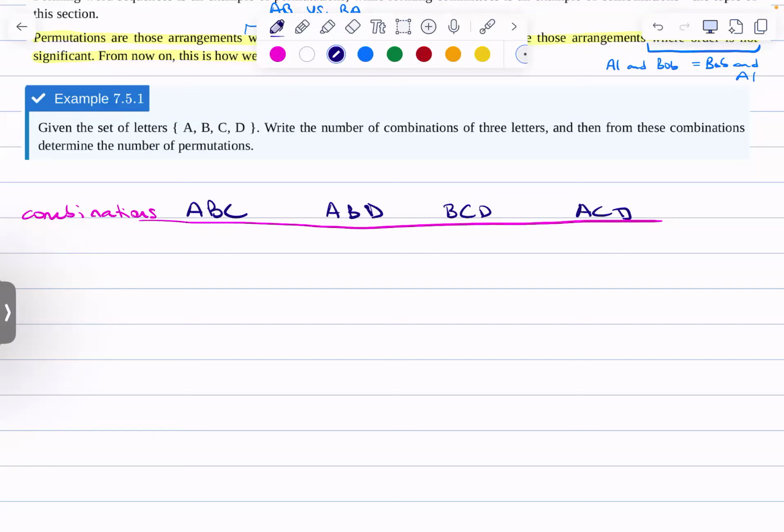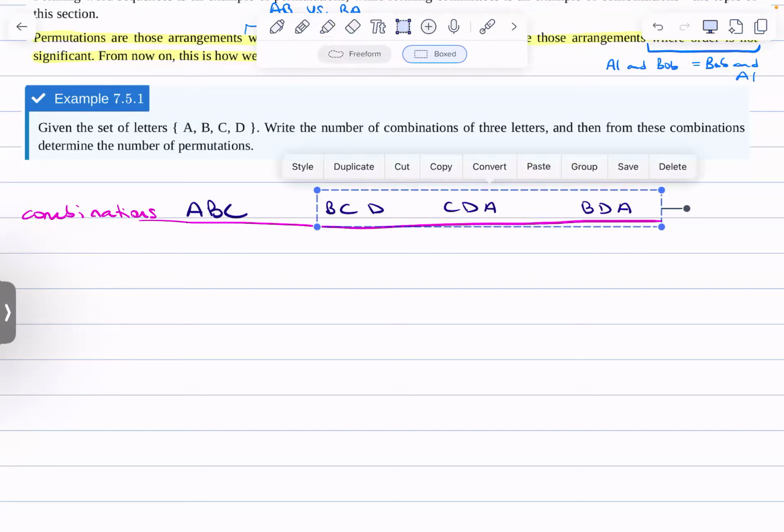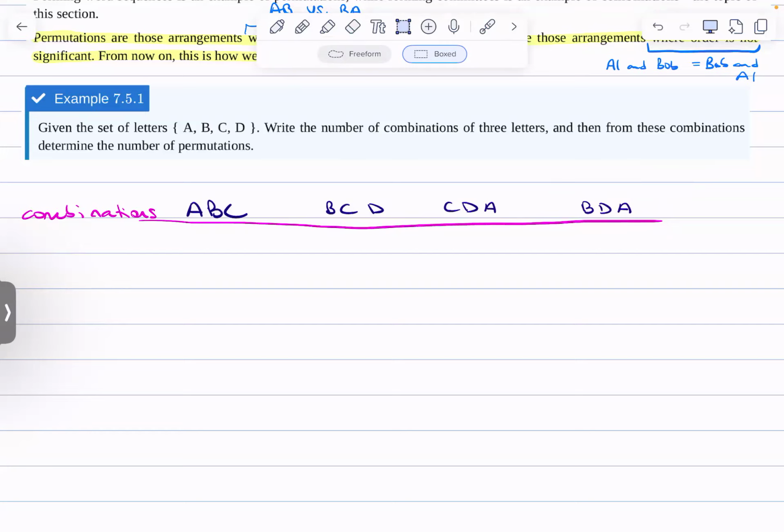ABC is good, but then they have BCD, CDA, and BDA just to match. Otherwise, I'll be hooped. BCD is this one here, CDA is this one here, and BDA is this one here. So we had them all just in a different order. And if I wasn't trying to steal the solutions from the textbook, that would be fine. You can just go ahead and do it.